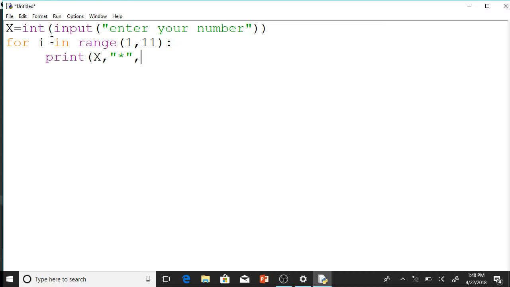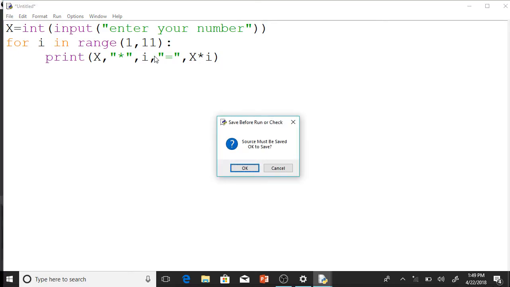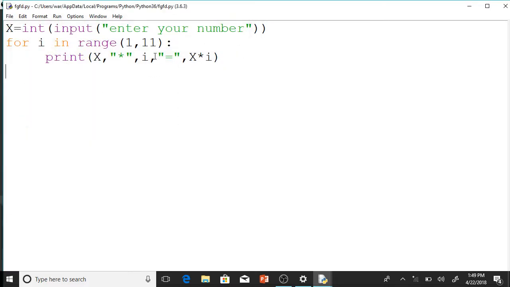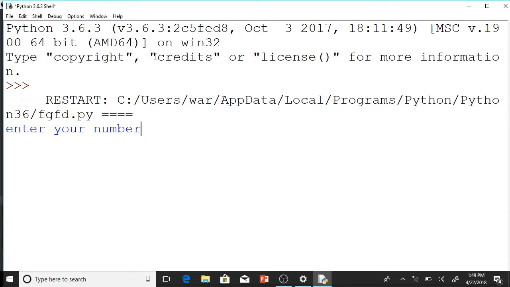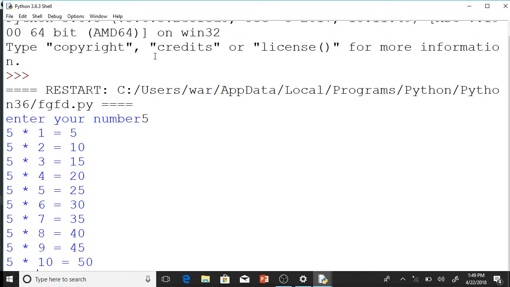Then i, because we have stored this in i, that's why I use i here, and then again inverted commas, equal to, comma, use x into i. Now I write here 5. See, it's a very easy program.